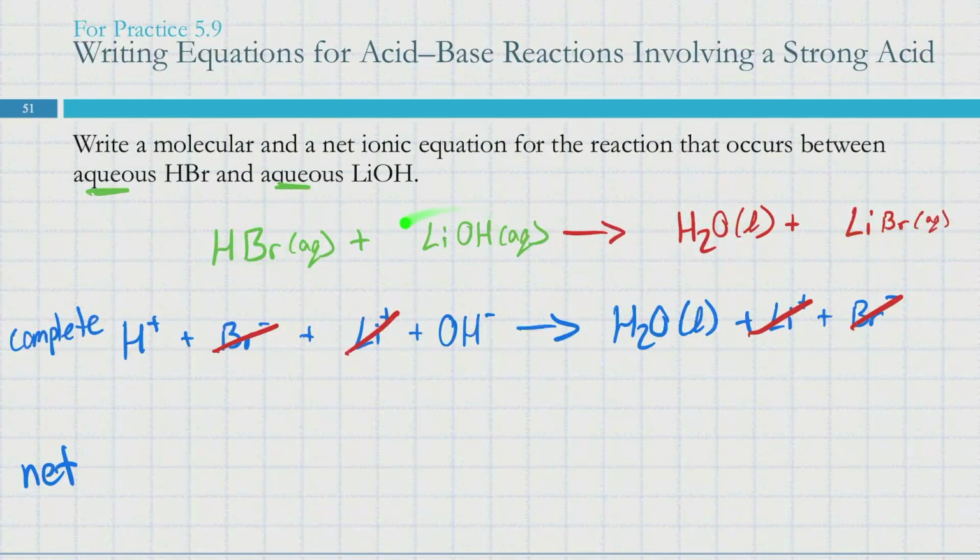Those were aqueous before, they're still aqueous afterwards. So if we just remove those two things, then that'll give us our net ionic equation. So we could skip straight to the net ionic equation. Okay, so what's left after that? H+ + OH- goes to H2O.